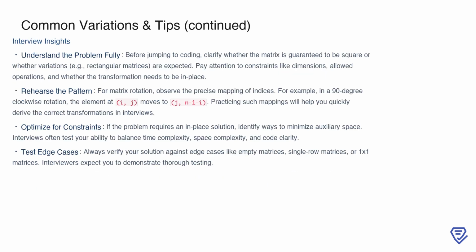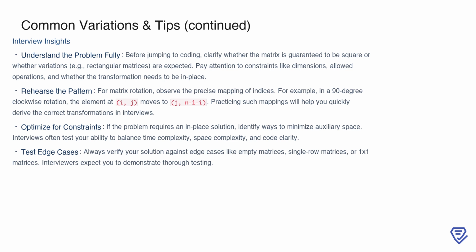Success in interviews often starts with fully understanding the problem. Make sure you clarify whether the matrix is guaranteed to be square or if variations, such as rectangular matrices, are possible. Check the constraints, such as the allowed operations and whether the rotation must be done in place. Practicing the pattern of index mapping is also critical.